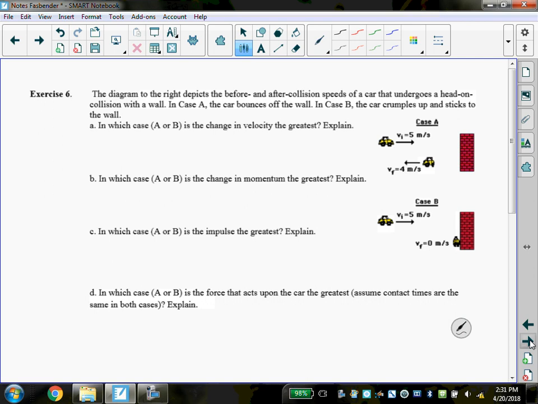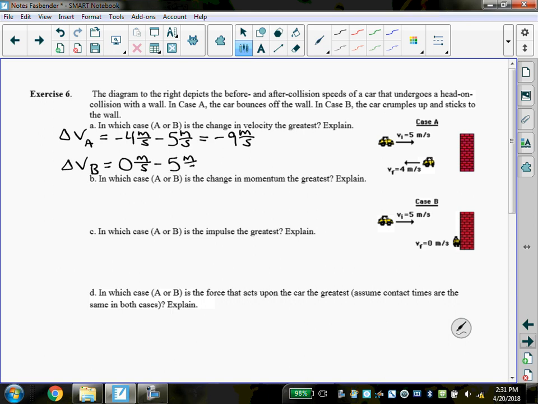So we know change in velocity is the same thing as final velocity minus initial velocity. So for car A, the final velocity is -4 meters per second. The initial velocity was 5 meters per second, giving car A a change in velocity of 9 meters per second. Car B stops, so its final velocity is 0 meters per second.